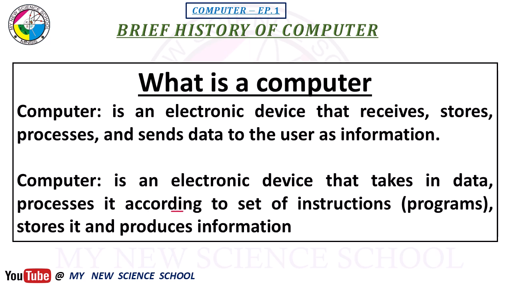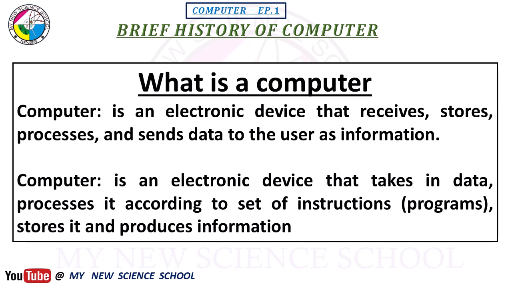So the computer would process the data based on the instruction, that is the program, then stores this data and produce the data as information. So we all agree that computer is an electronic device because it uses electricity, and this computer receives data, process it, and give out a result as information.